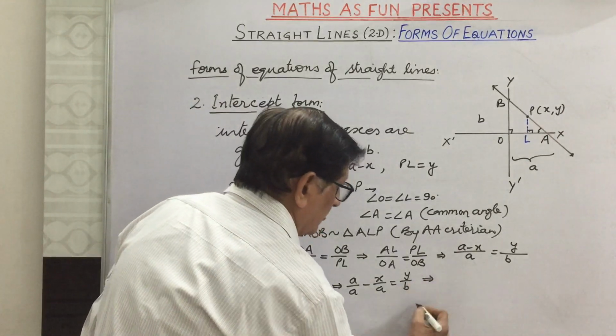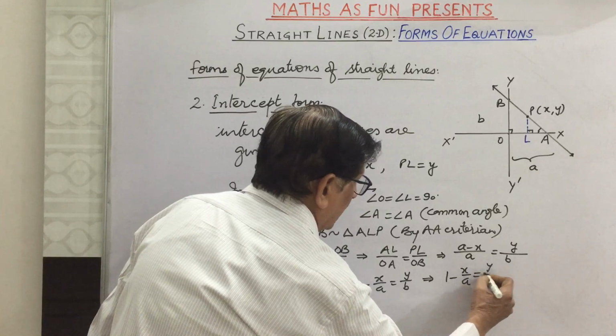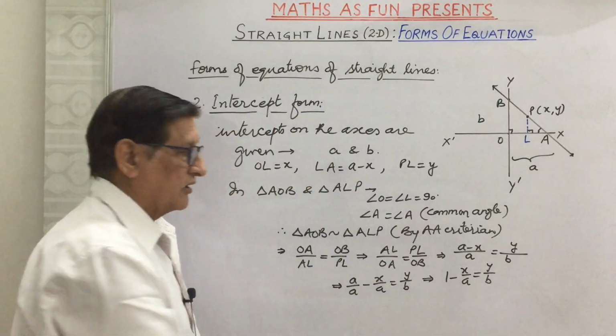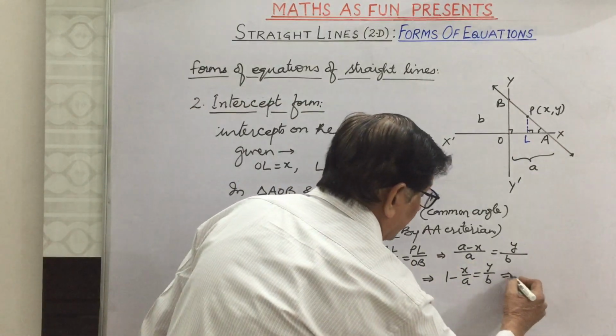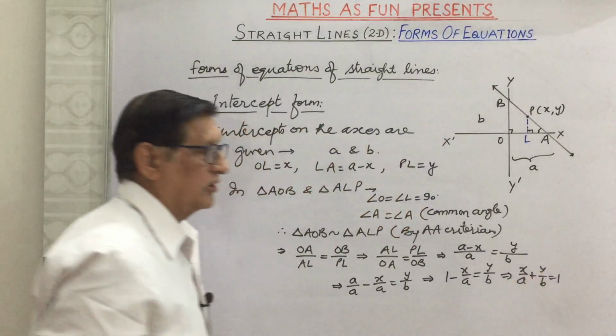This is equal to 1 minus x upon a equal to y upon b. If we transpose this, can we write this as x upon a plus y upon b equal to 1?